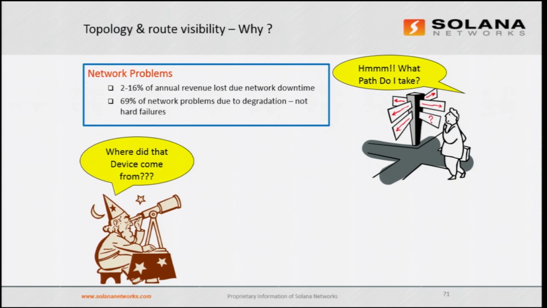Solana provides tools and products that help folks who run networks to do their job better. We essentially provide visibility into network infrastructure and into network traffic. This is, in a nutshell, what Solana does. The specific thing we want to talk about today is one of our products called Smart Hawk.